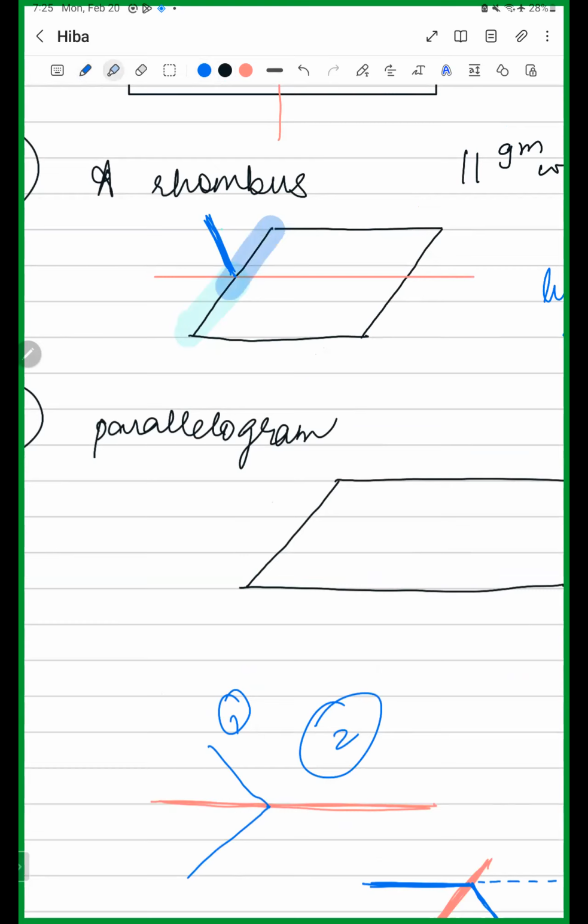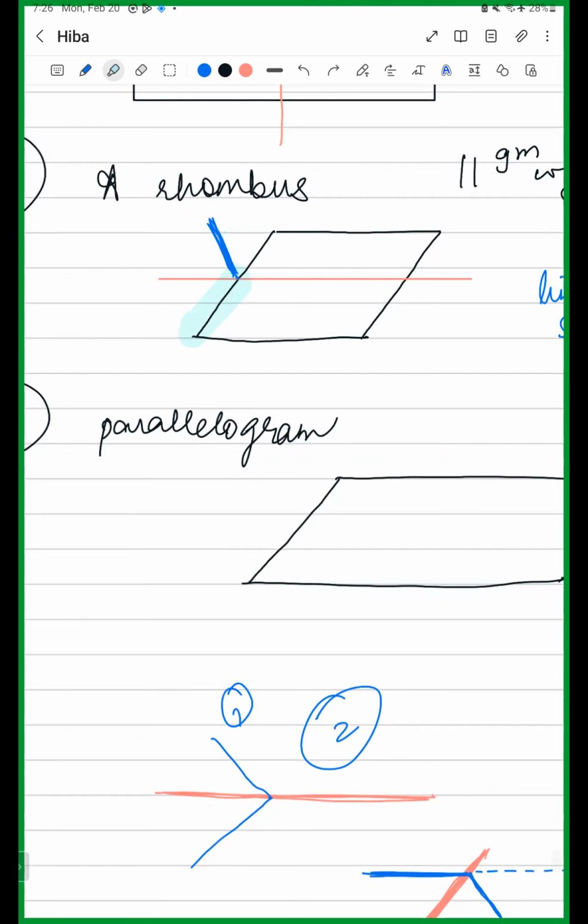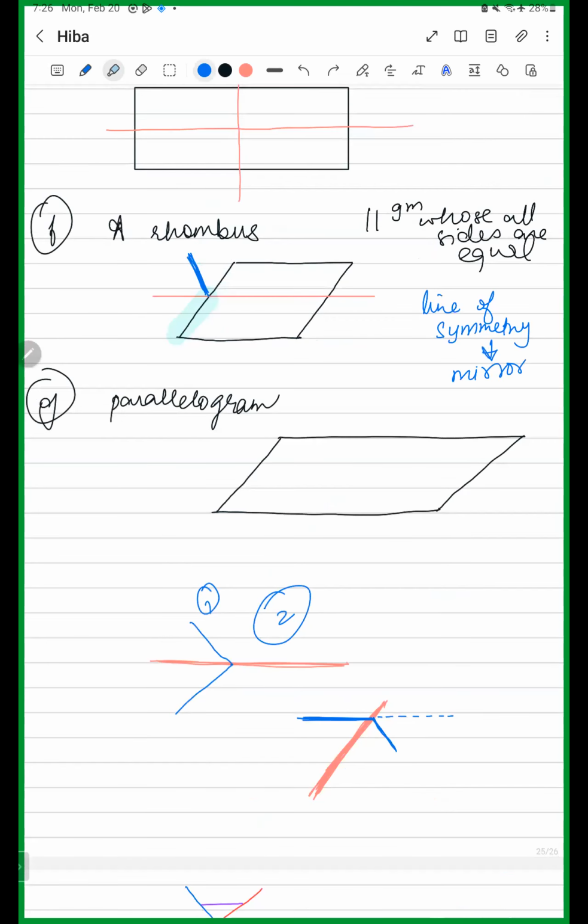Yes, I understood. So therefore, this is not a line of symmetry. Did you understand? Yeah. So a rhombus has only two lines of symmetry.